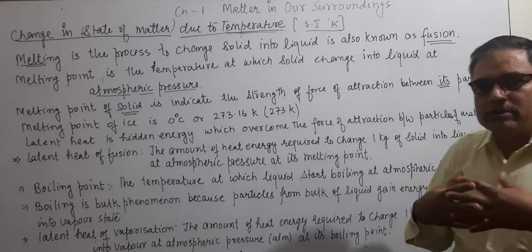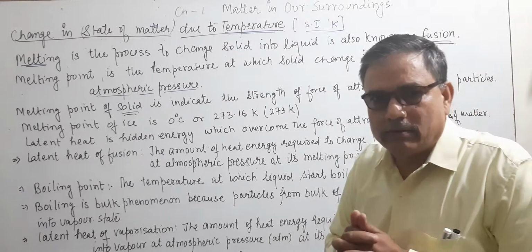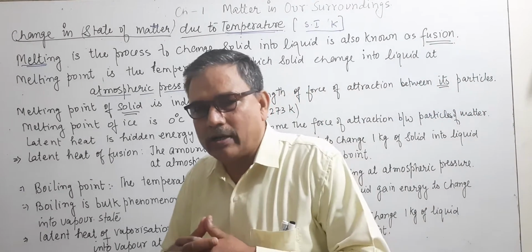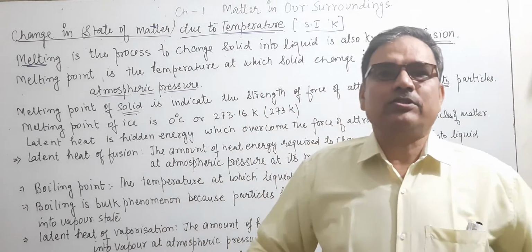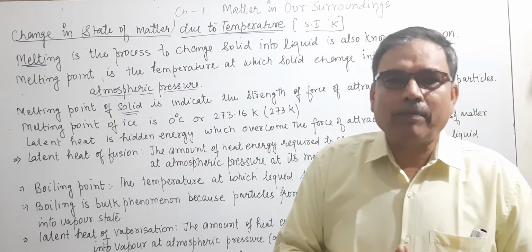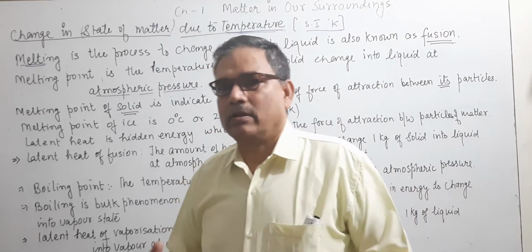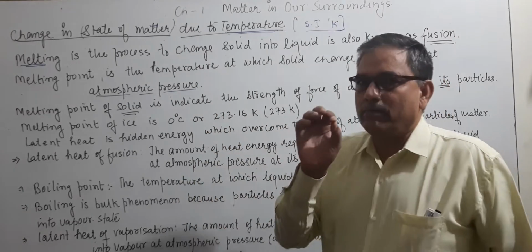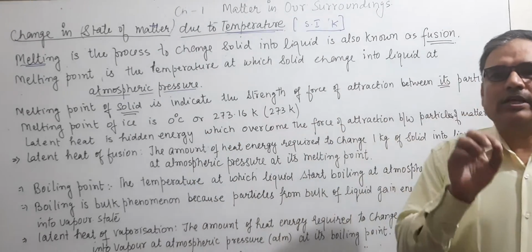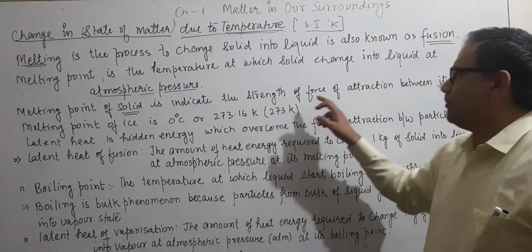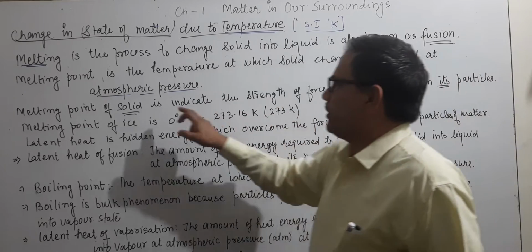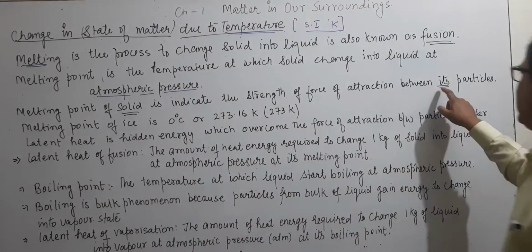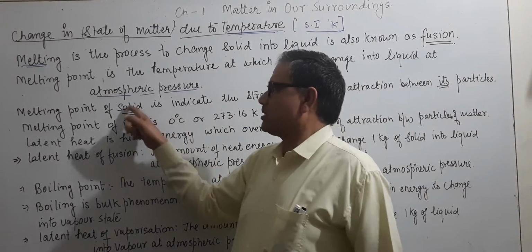If the strength of the force between the particles of matter is more, then the melting point will also be more. If the strength is less between the particles of matter, then the melting point is less. So we can say the melting point indicates the strength of the force between the particles of the substance.